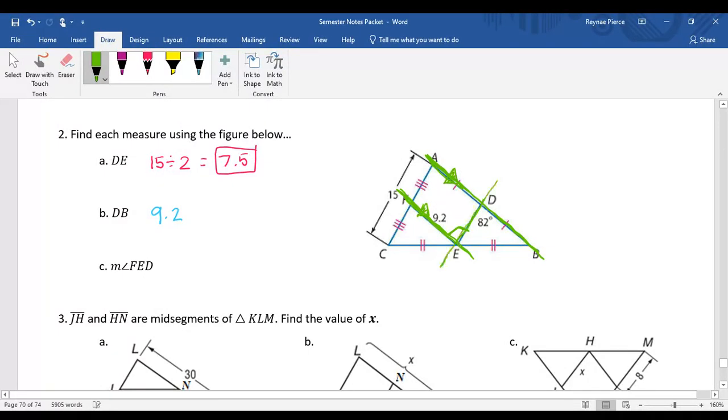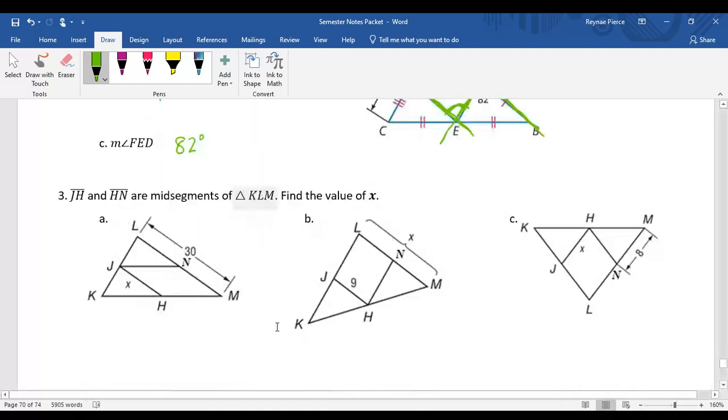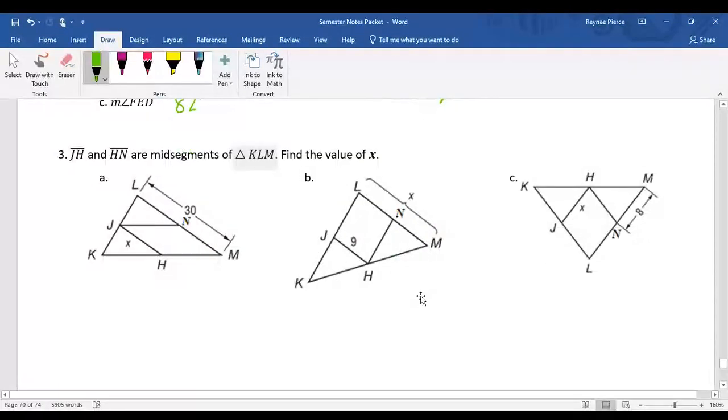If DE is that transversal, these two angles are my alternate interior angles, so the measure of that angle is also 82 degrees. Okay, now I want you to do example number 3 on your own. Okay, and then you can check your work in the completed notes.